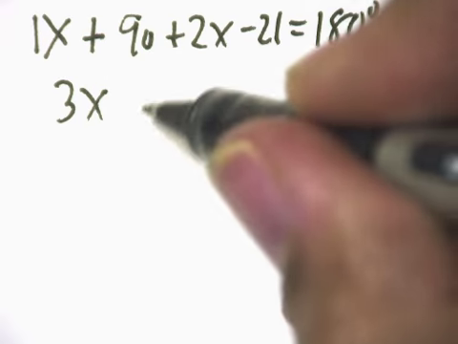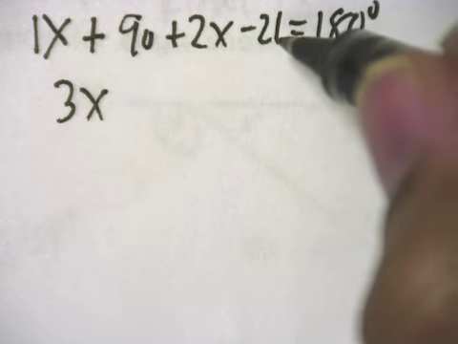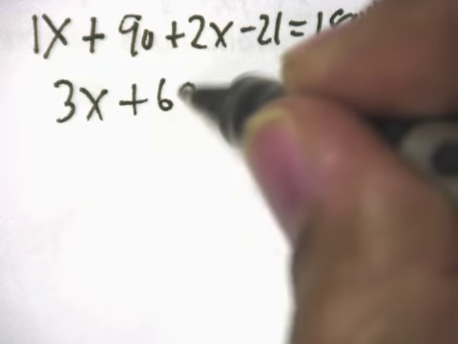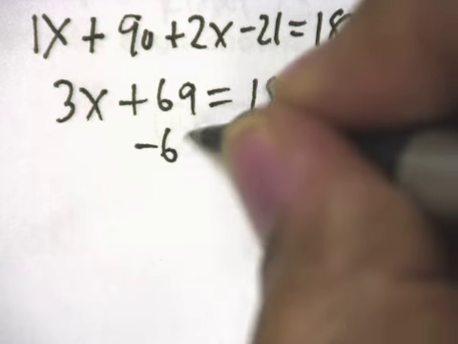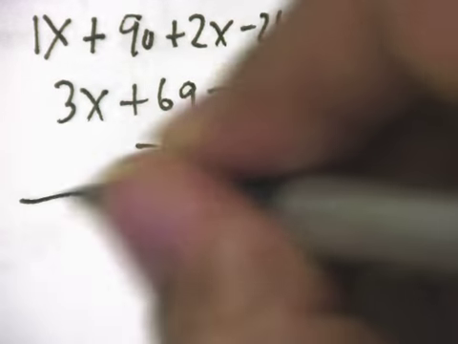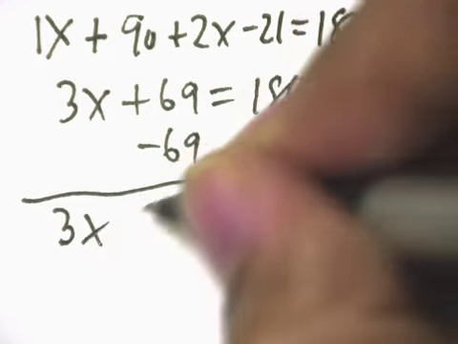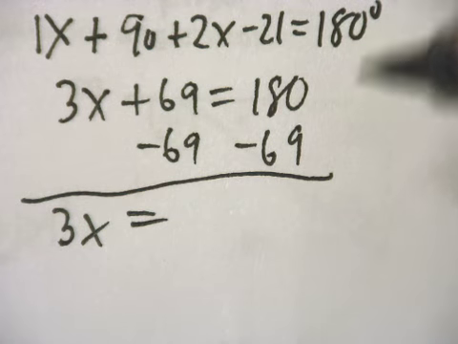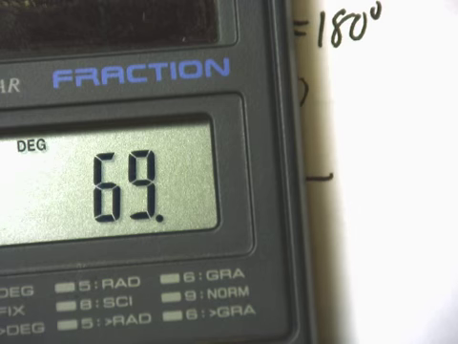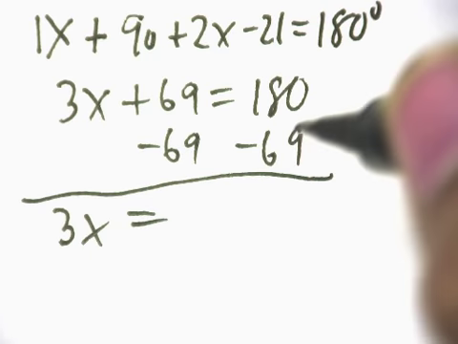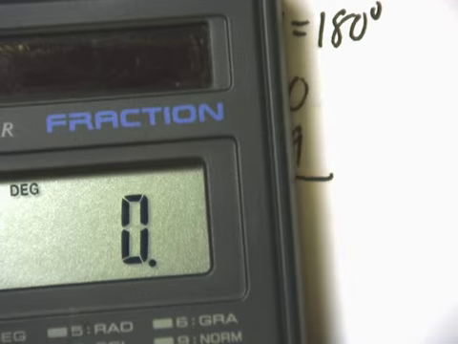Put like terms together, 1x and 2x is going to give me 3x. 90 minus 21 is going to give me 69. By the way, this 90 is positive, this 21 is negative. It's going to be positive 69. Little algebra.